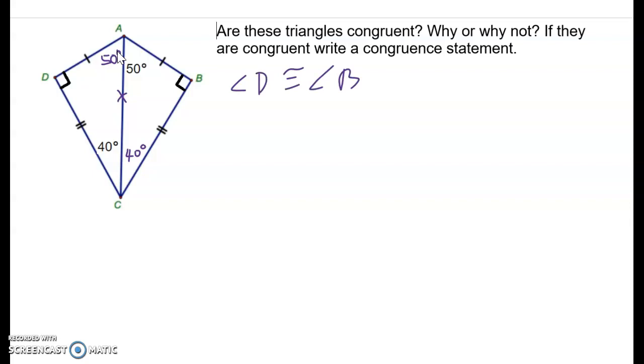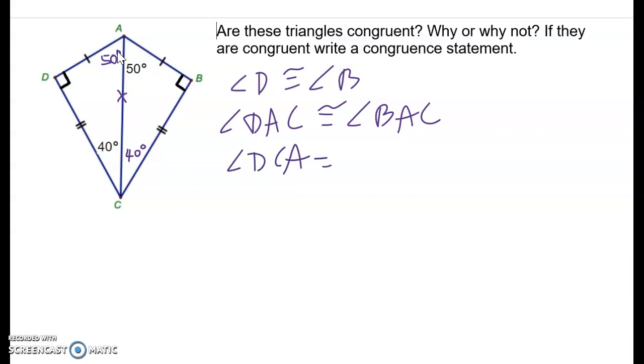We're going to have to label the other ones. Angle DAC is congruent to angle BAC. And finally, angle DCA is congruent to angle BCA. Okay?